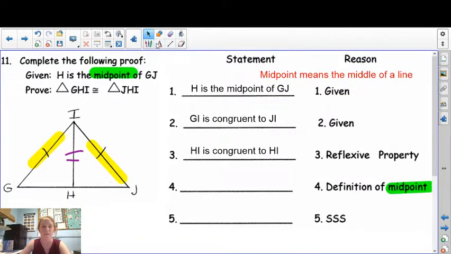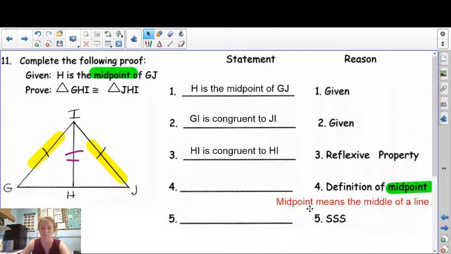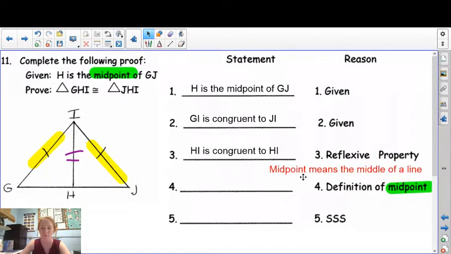So what does it actually tell me about that midpoint? It says H is the midpoint of GJ. So that means H must sit in the middle, which means it cuts it in equal pieces, because to be in the middle means each side of you is equal. So how could I write a congruent statement?